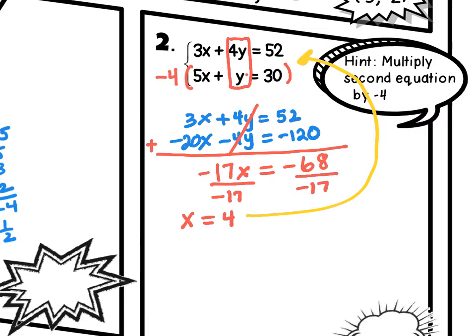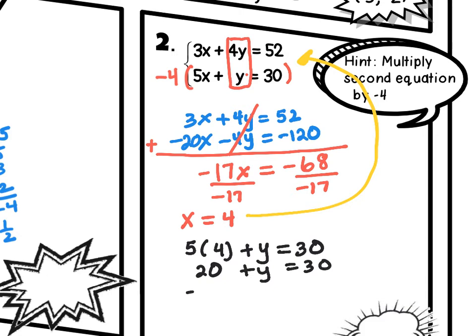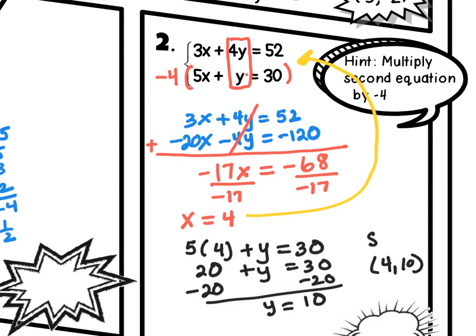In this case, I'm going to use the second equation. So I have 5 times 4 plus y equals 30. 5 times 4 gives you 20 plus y equals 30. Subtract 20. And we know that y equals 10. So the solution will be 4, 10. That is the solution.